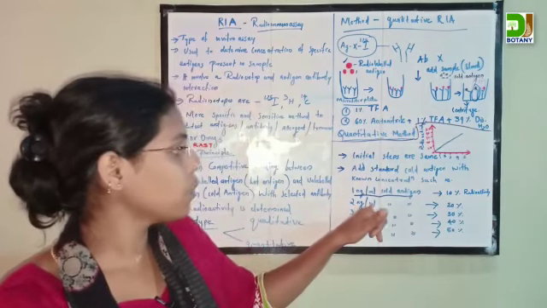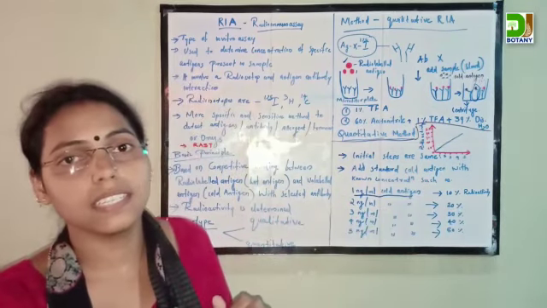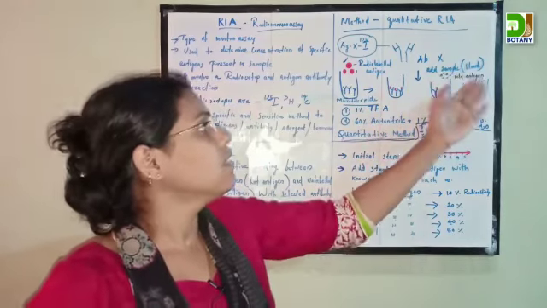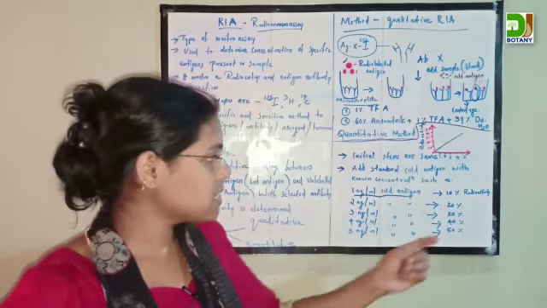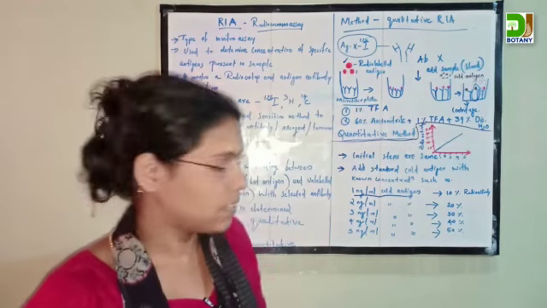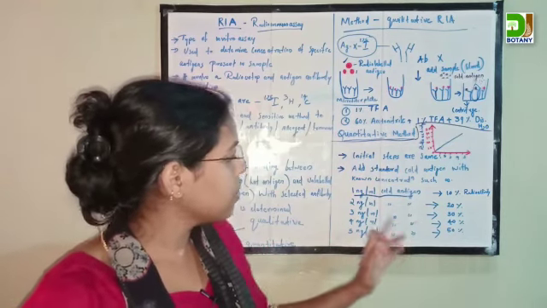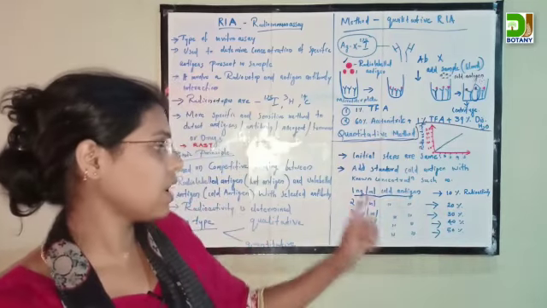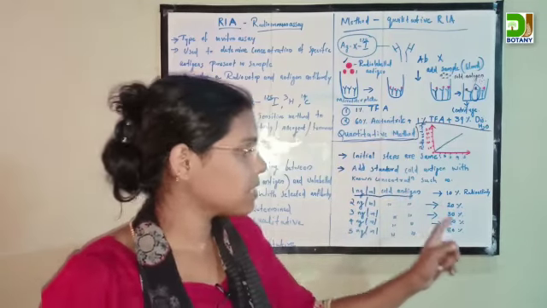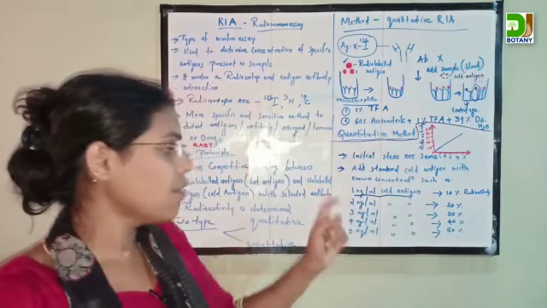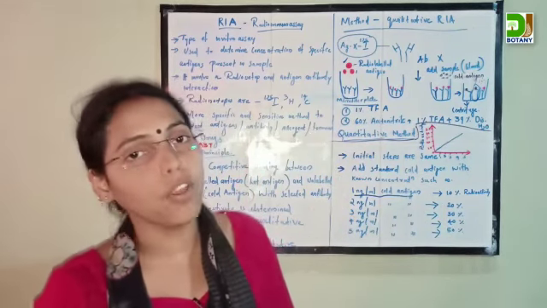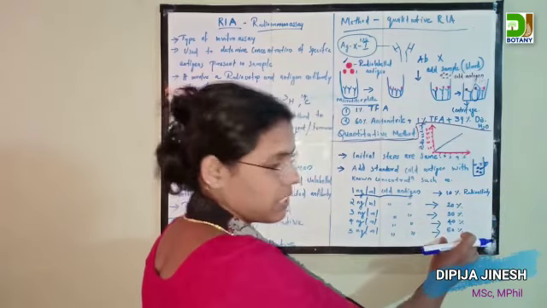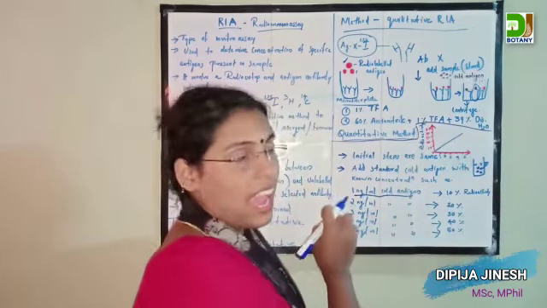Then 2 nanogram per milliliter is responsible for 20%, 3 nanogram for 30%, 4 nanogram for 40%, and 5 nanogram for 50%. Based on this radioactivity, we plot a standard graph.